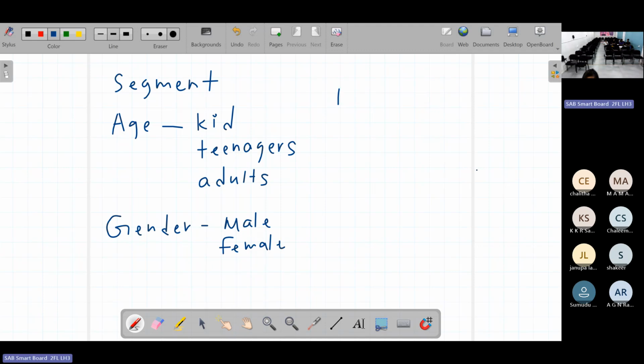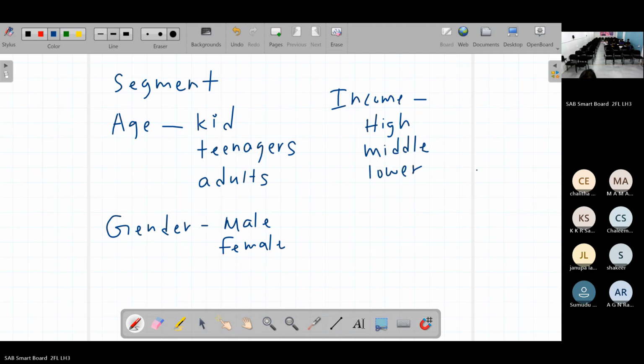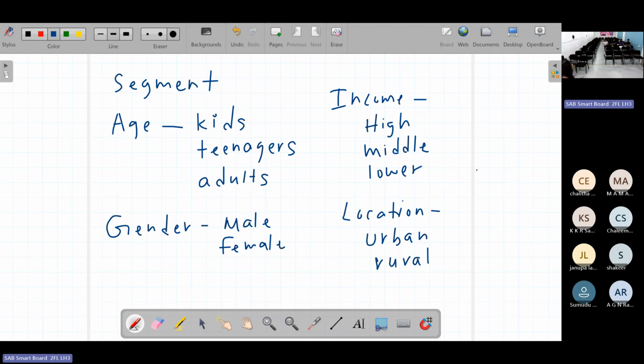Then the income level, and location. Based on different categories, we identify different segments.